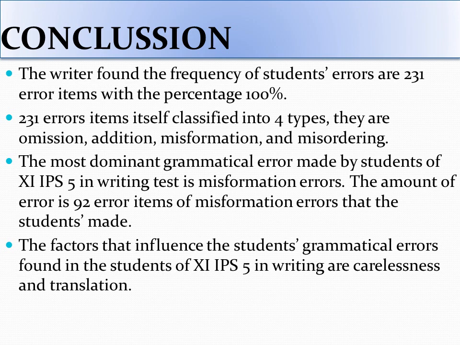The third, the most dominant grammatical error made by students of 11 Social 5 in writing test is misformation error. The amount of error is 92 error items of misformation errors that the students made. And the last is the factors that influence the students' grammatical errors found in the students of 11 Social 5 in writing are carelessness and translation.